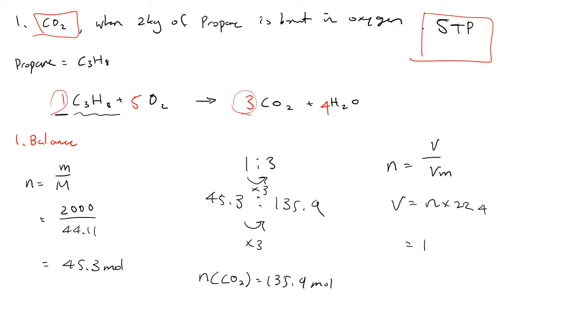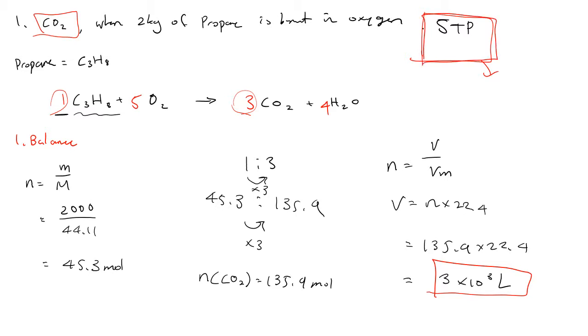So 135.9 times 22.4 is approximately 3 times 10 to the third liters. And that's basically how you solve a gas stoichiometry question. Now, if the temperature and pressure weren't standard temperature and pressure, we would have to use the ideal gas equation. Just keep that in mind.